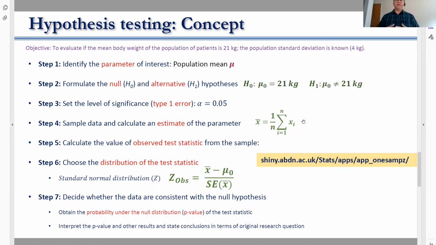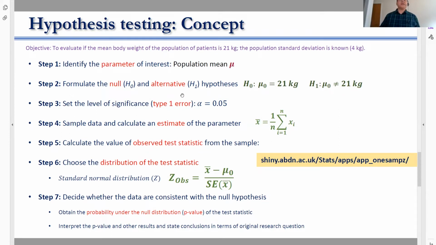But again, even in those scenarios, we just don't know beforehand which direction. It could increase the blood pressure, maybe because of some patient characteristics. So in most scenarios, we generally do a two-tailed test, which basically means our alternative hypothesis can go both directions. It could be greater than or less than. And that's why it is then not equal to 21 kg.